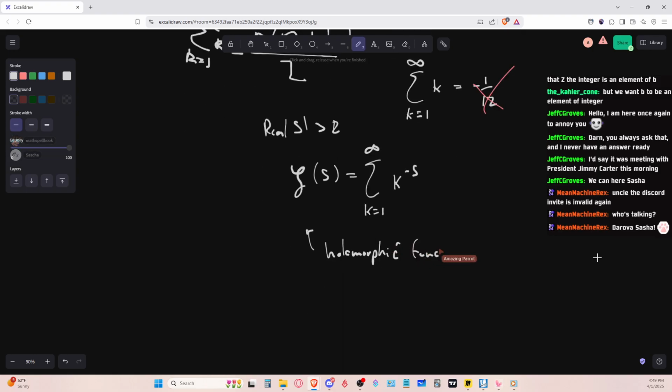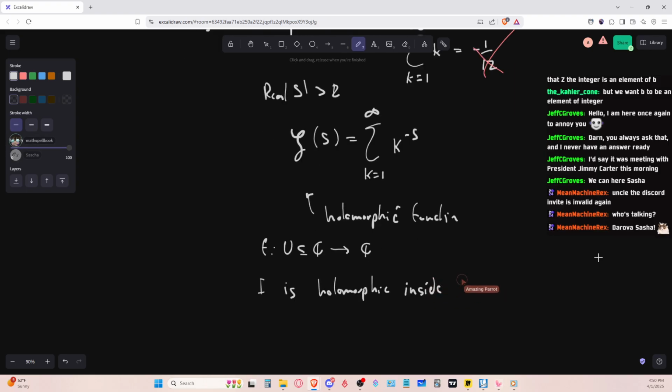If you have a function f defined on some open set U of the complex numbers, we say f is holomorphic inside of U if it's complex differentiable, so if you're able to take the derivative of it.